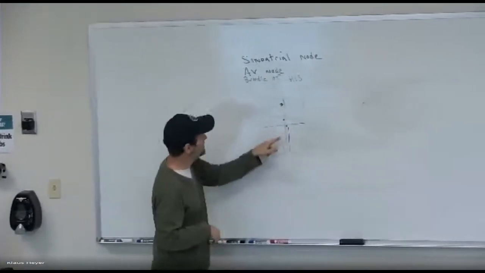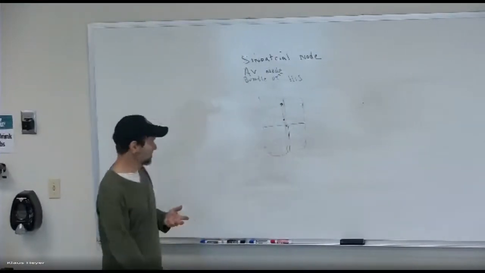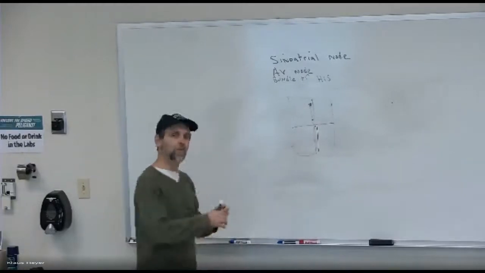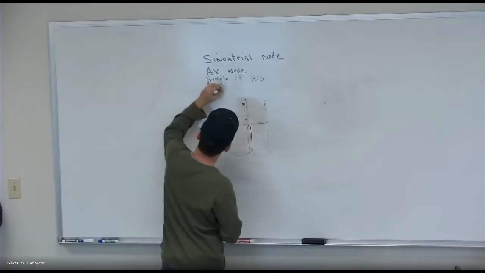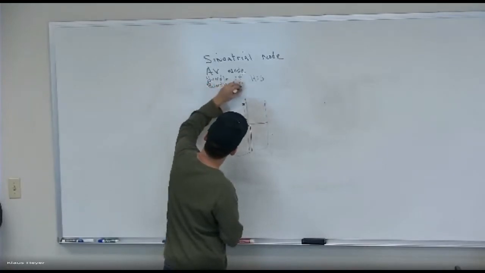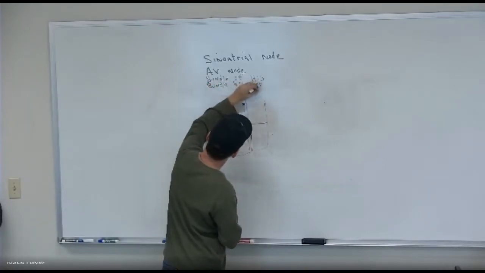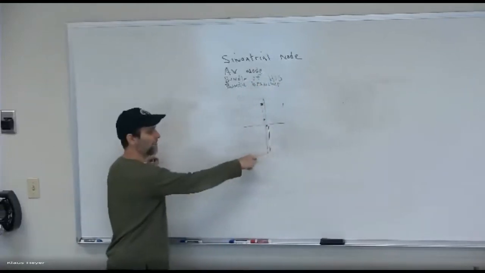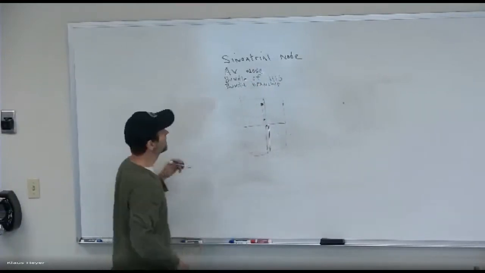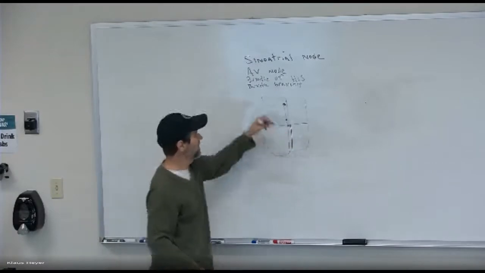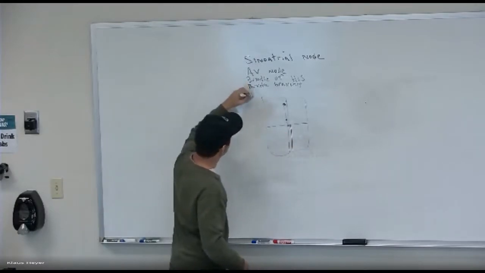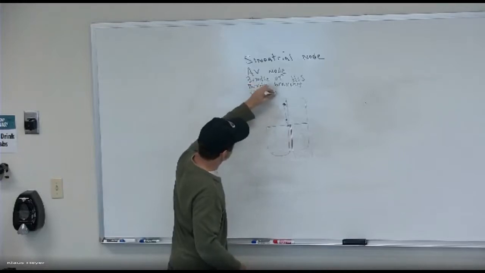When it splits into two, we just call those bundle branches, a left bundle branch and a right bundle branch. And then it curves around the bottom of each ventricle, and we call that the Purkinje fibers.